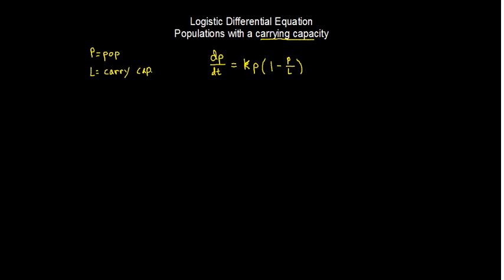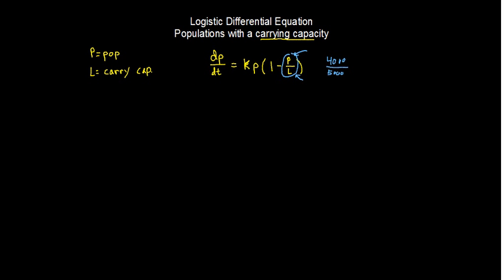Now what that does is, as your population gets closer and closer to your carrying capacity, so as your population gets bigger, this whole fraction gets closer and closer to 1. So let's say your population was 4,000, but your carrying capacity was 5,000. That's getting awful close to 1.